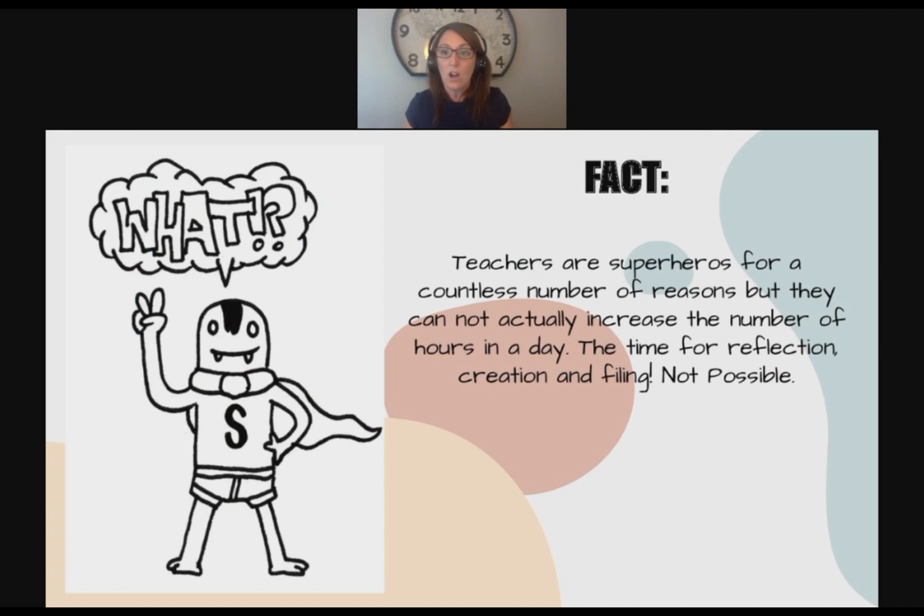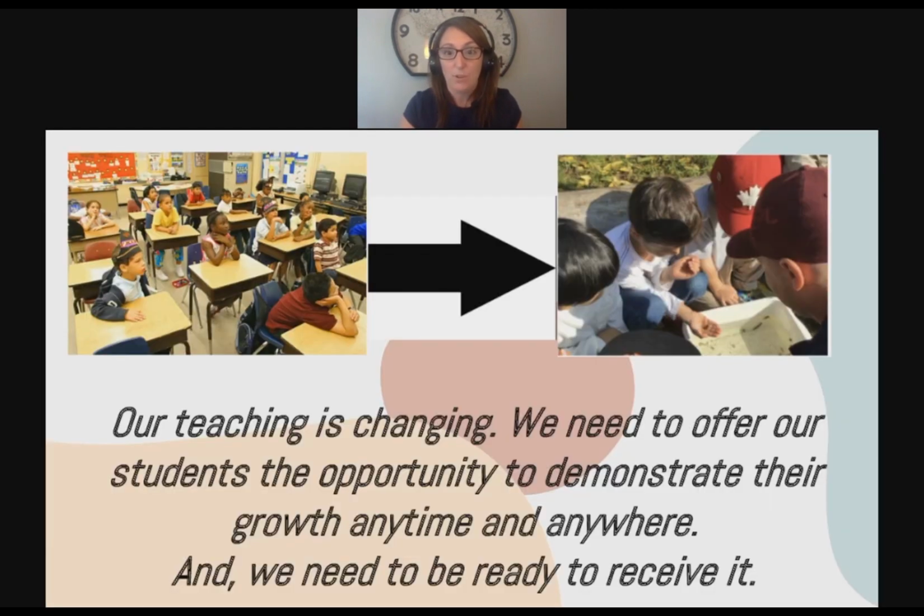But oh my gosh, this is still a giant, massive amount of work to do, right? And teachers are superheroes for countless numbers of reasons, but we really can't make there be more hours in a day. So here's what I say, before I provide the answer for you: teaching is changing. We are preparing our students for the 21st century workforce.